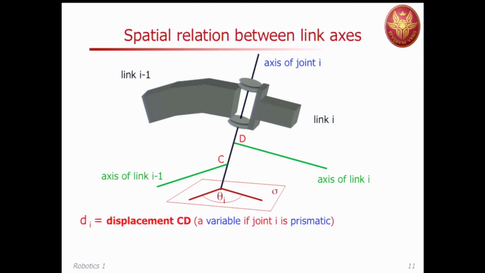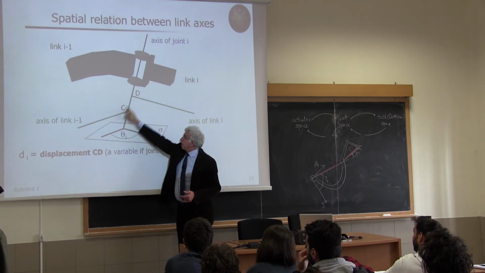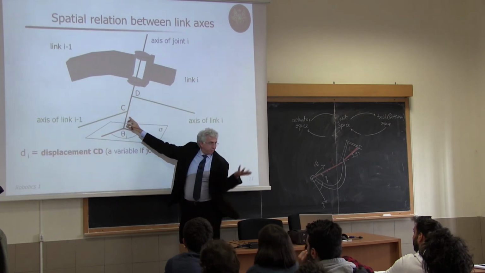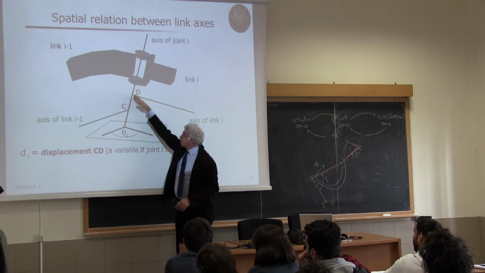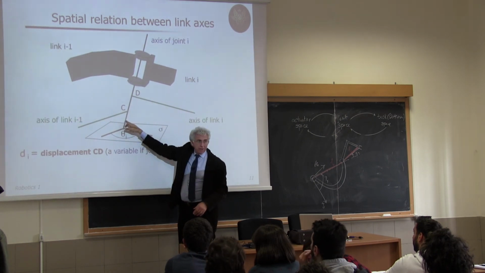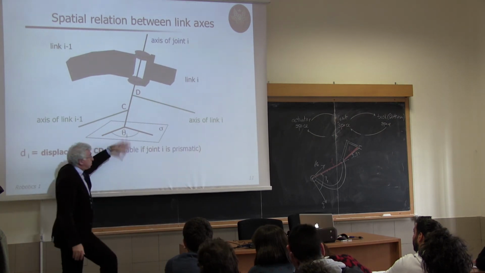Now, again, this is a displacement. We need an angle, and the angle is exactly in the dual fashion. These are the axes of interest now. This is the common normal. So we take a plane which is orthogonal to the common normal, and then we move this and project it on this plane, no matter which plane this is.